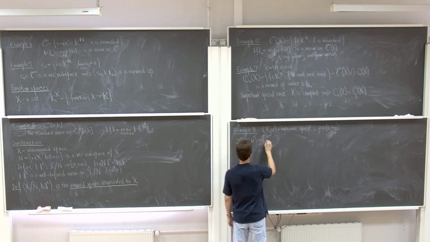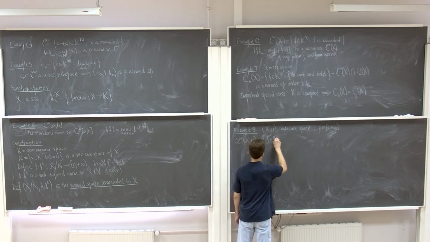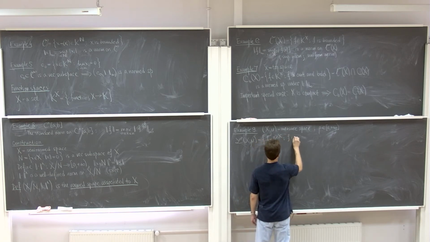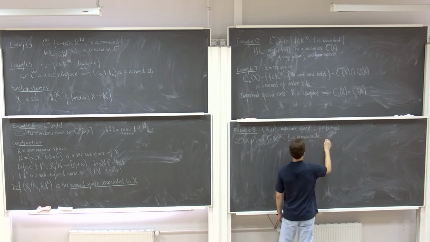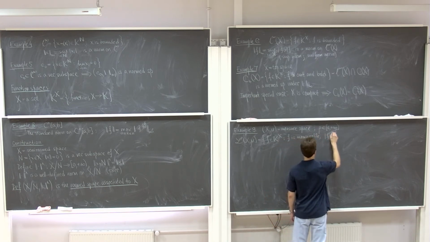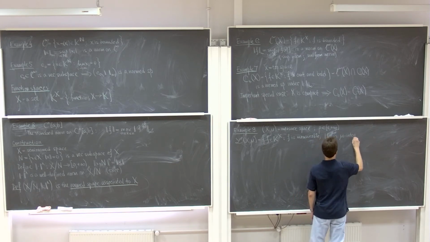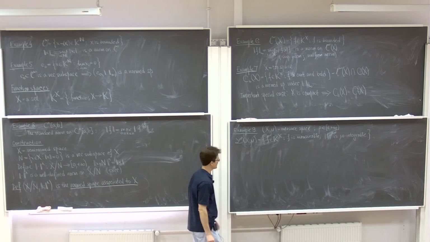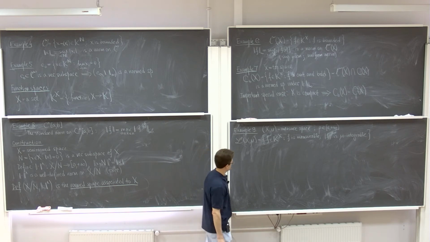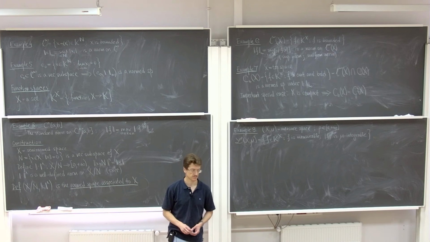This set consists of those K-valued functions on X which are measurable and such that the absolute value of f to the power p is integrable with respect to mu. In particular, if p equals 1, then this is just the set of all integrable functions on X.